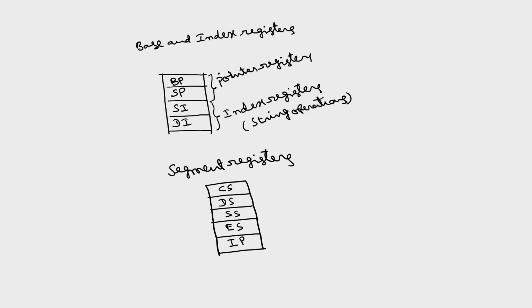The microprocessor 8086 has 20 address lines. So, a 20-bit address bus is there, A19 to A0. This is the symbol for bus.